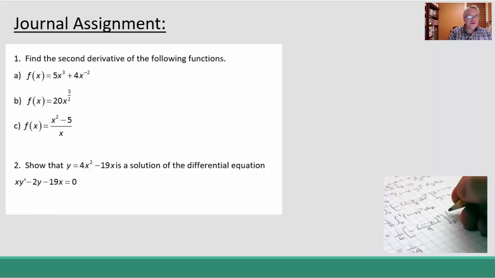So just to be clear, this is the function right here. Make sure you include that last x. So find its first derivative and plug the first derivative and the original function into this equation, and you should end up with 0. All right, see you next time.